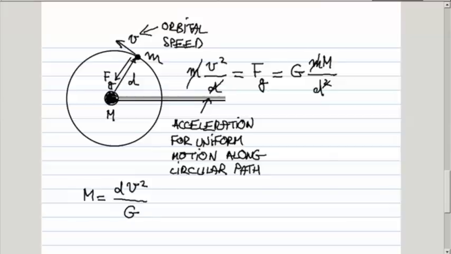Or another way to phrase this is to say that I can solve this for v, and then I get that the orbital speed is related to the distance to the center of the force of gravity. It's basically the root of the gravitational constant times the mass of the central object, and then I have to divide by the root of the distance.